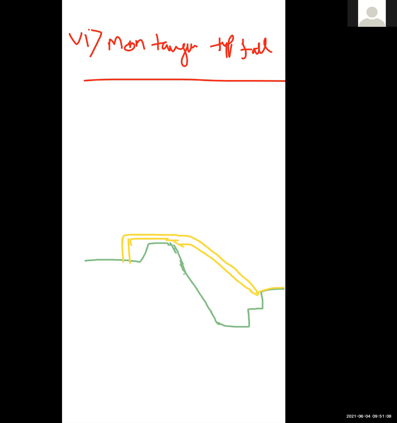Then again construct at the bed of the canal. So this portion is the parabolic glacis, or we can say the Montague type fall.